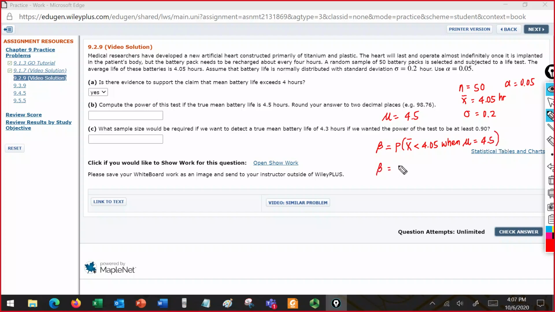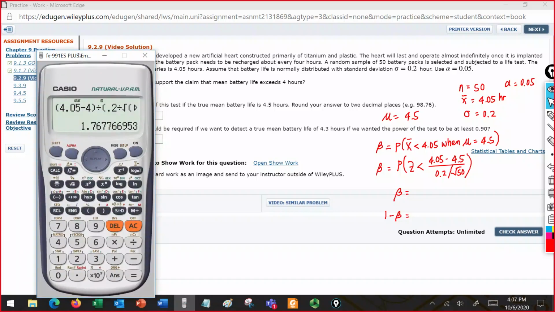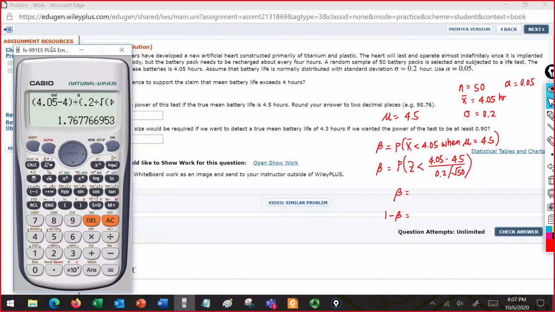So this is the probability of z is less than 4.05 minus 4.5 all over sigma divided by square root of 50. Then eventually 1 minus beta for the power of the test.